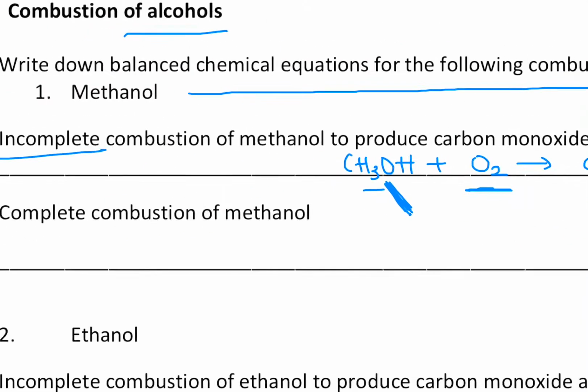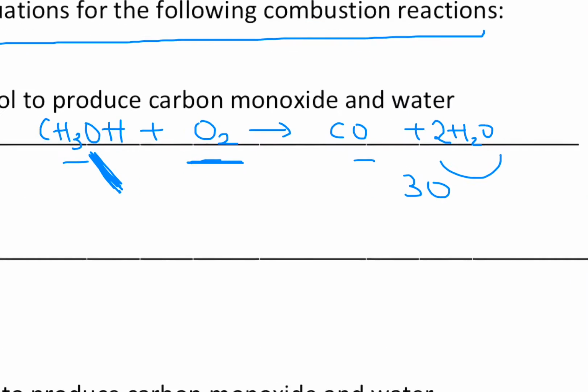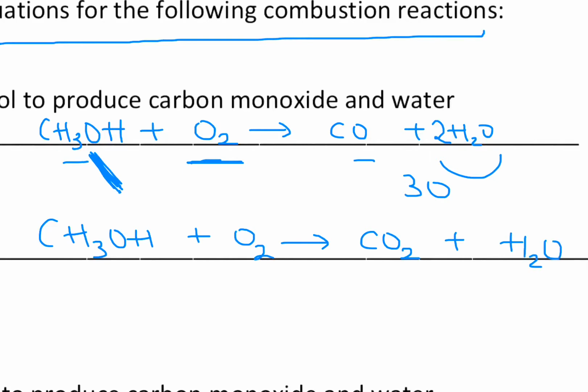Now for complete combustion of methanol, here you will have carbon dioxide and water. So CH3OH plus oxygen gives you carbon dioxide and water. Balance the equation. And here 2 plus 2, so 4 oxygen. There is 1 here. Don't forget to count it. So you'll need 3 other oxygen here.